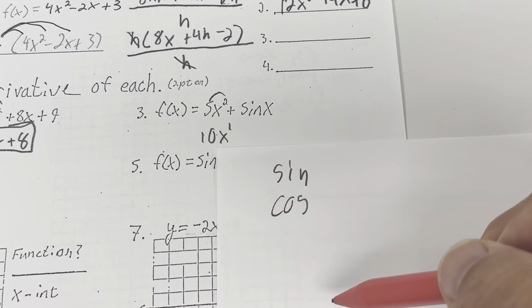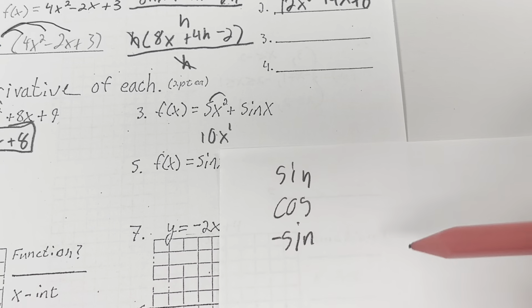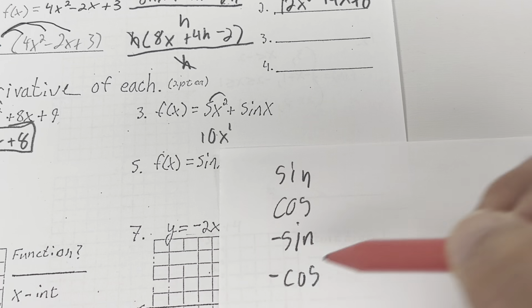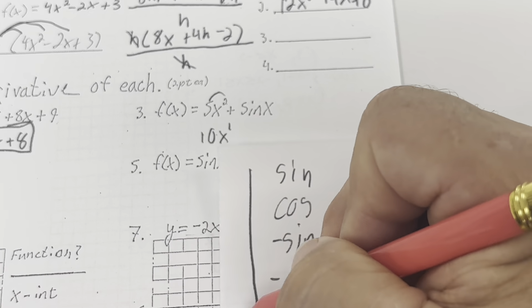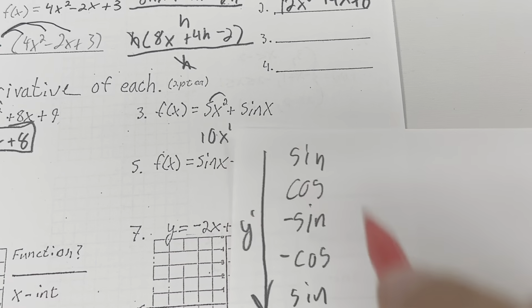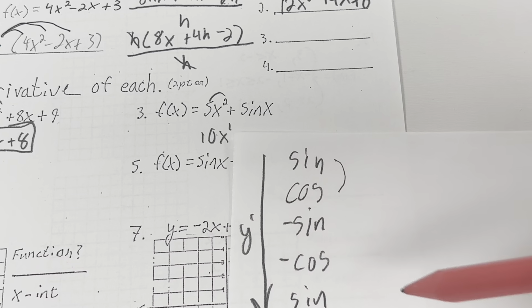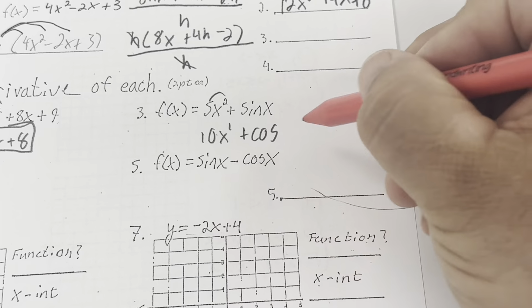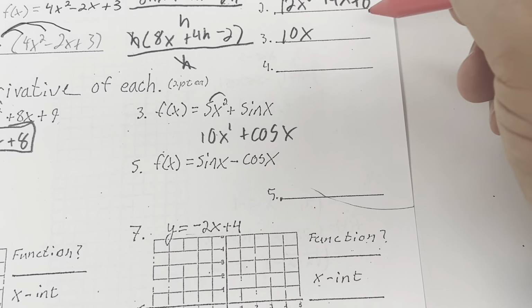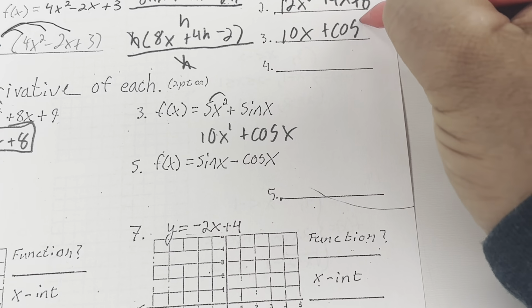The derivative of cosine is negative sine. The derivative of negative sine is negative cosine. The derivative of negative cosine is sine. And their derivatives going down. So the derivative of sine, I just go down 1. That's going to be cosine. So it's going to be 10x plus cosine x.